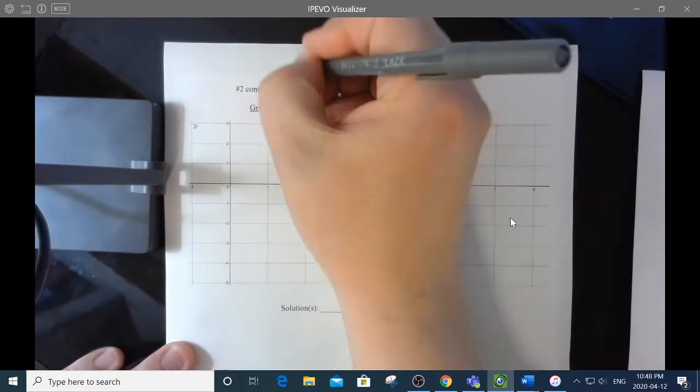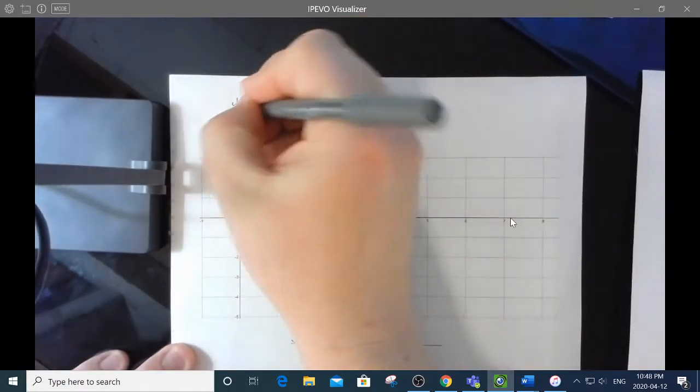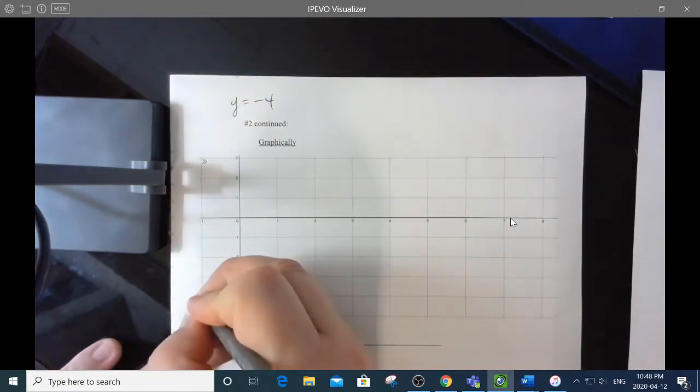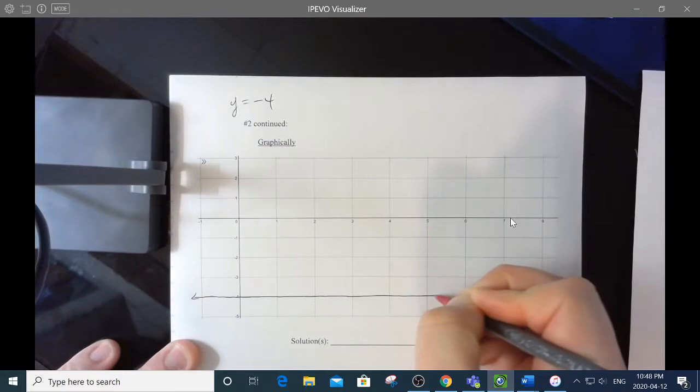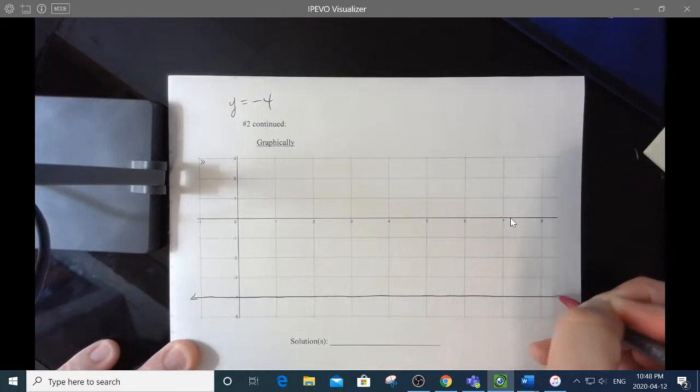So let's see. Graphically. All right, so we are graphing two equations again. We're graphing, let me just move that down a bit. We're graphing y equals negative 4, which, there we go.